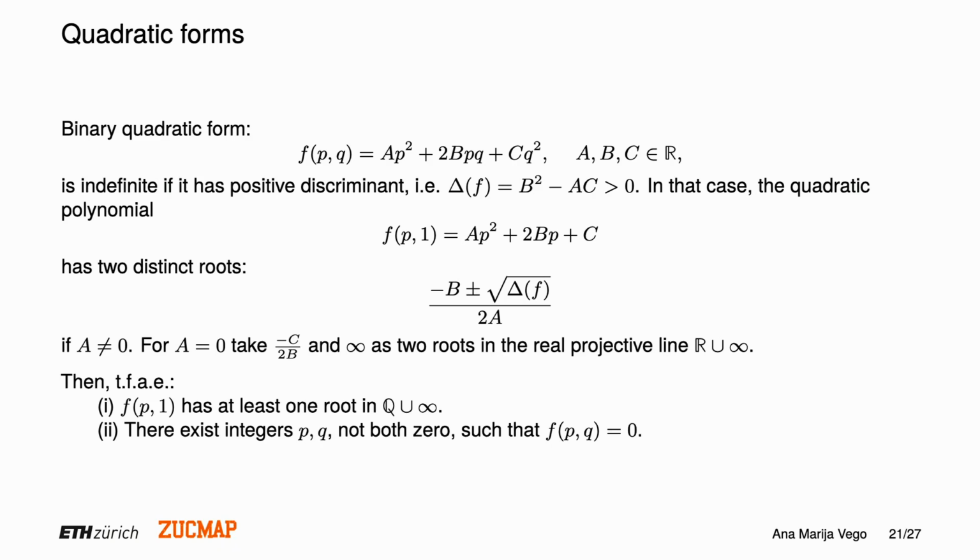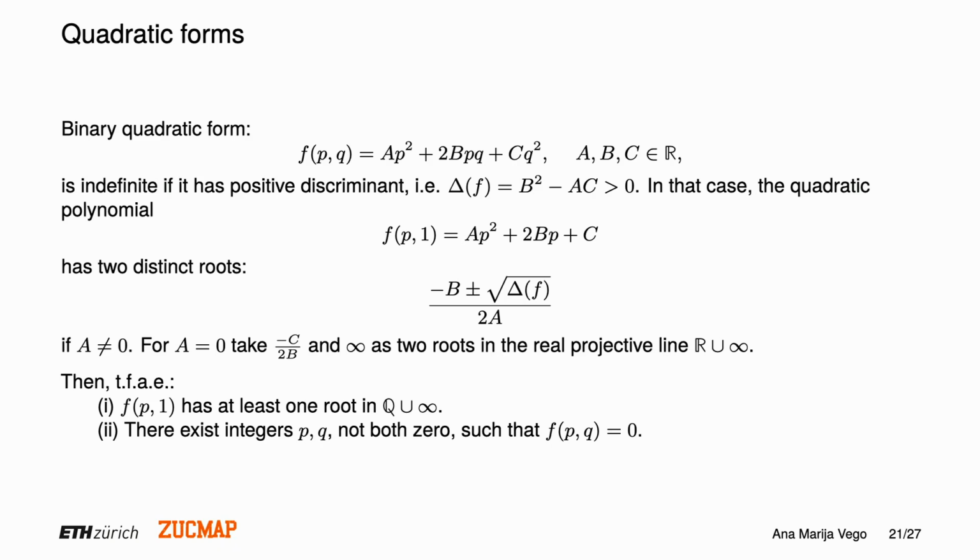What is the lowest number they can attain if they're not equal to 0? For that, we first want to know when they are equal to 0, to exclude those cases. And we have the following statement: f of p, 1 has at least one root in the rationals together with infinity if and only if there exist integers p and q, not both 0 at the same time, such that f of p, q is equal to 0.